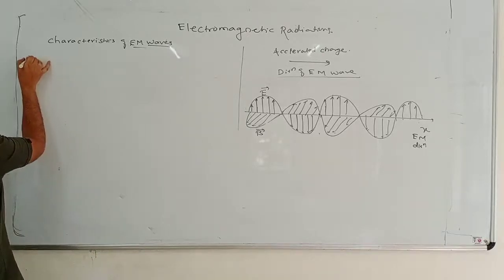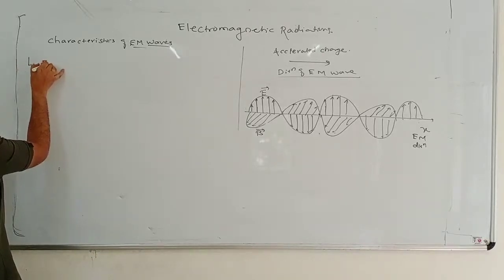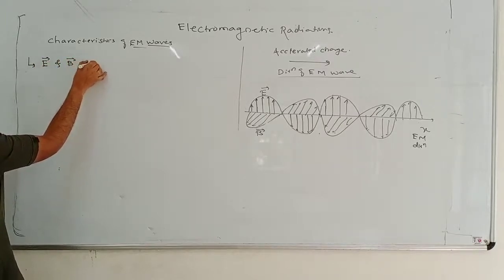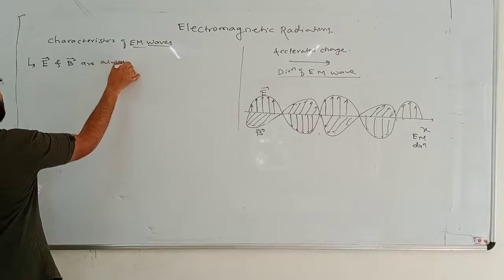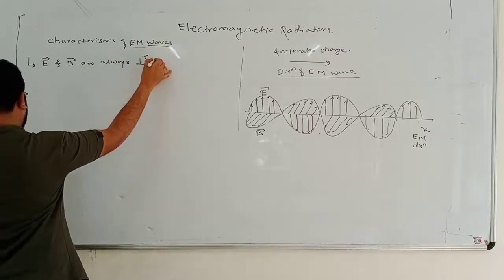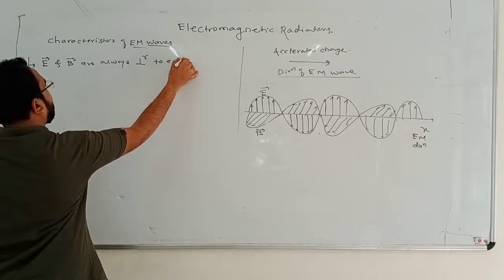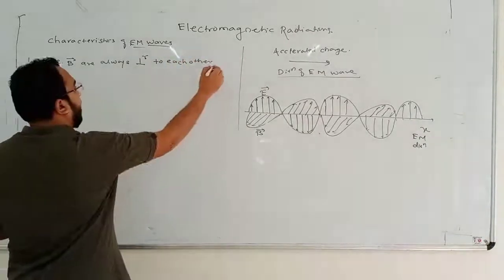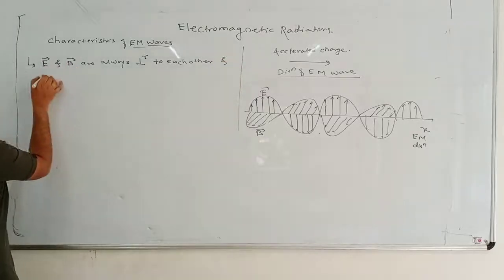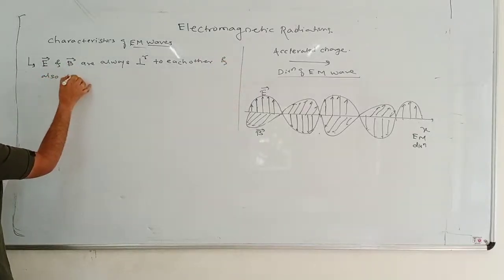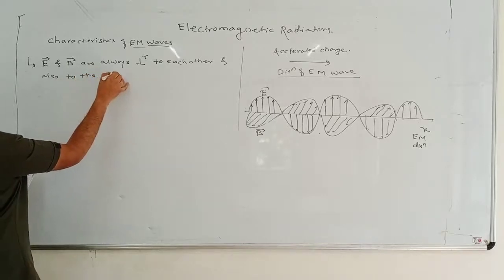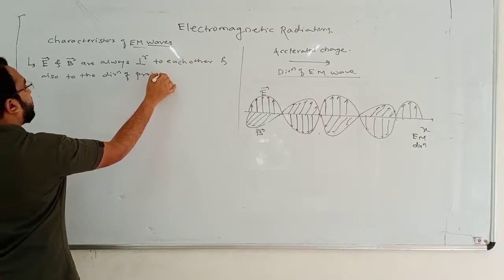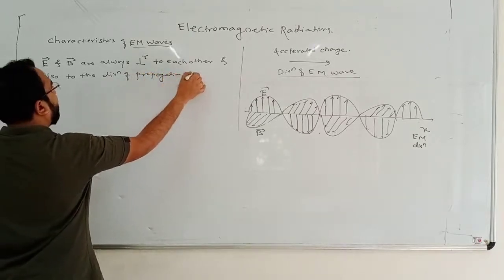So point 1: electric field and magnetic field are always perpendicular to each other, and also to the direction of propagation of wave.